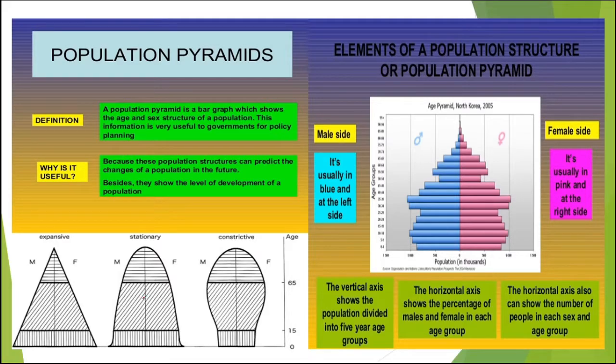A stable population we can see in the developed countries, whereas expanding ones are in the developing countries. This is all about the population pyramid. Here the blue color shows the male population and the pink one shows the female population, and the vertical axis shows the population divided into 5-year age groups. So these population pyramids help in different aspects.